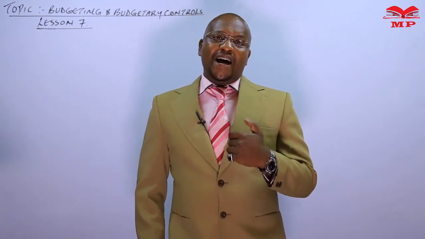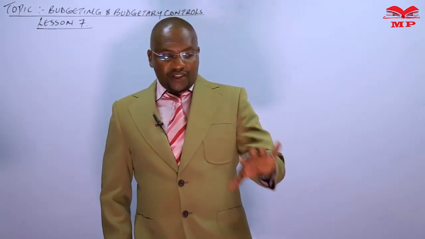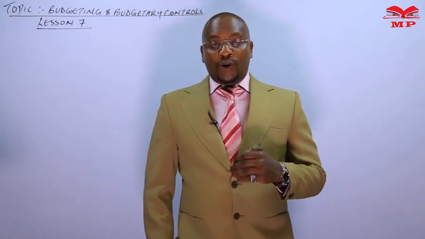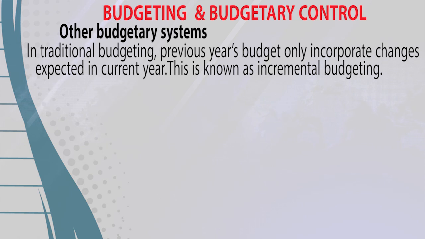But we may have other systems where we avoid the incremental, conventional system, and come up with changed systems. These budgets are the ZBB and the ABB. Now, talking of these other systems, in traditional budgeting, previous year's budgets only incorporate changes expected in the current year.